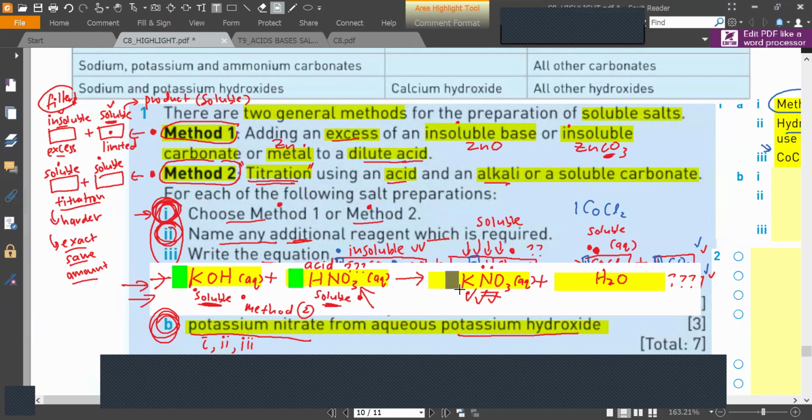How many moles of each? Try to balance the equation.